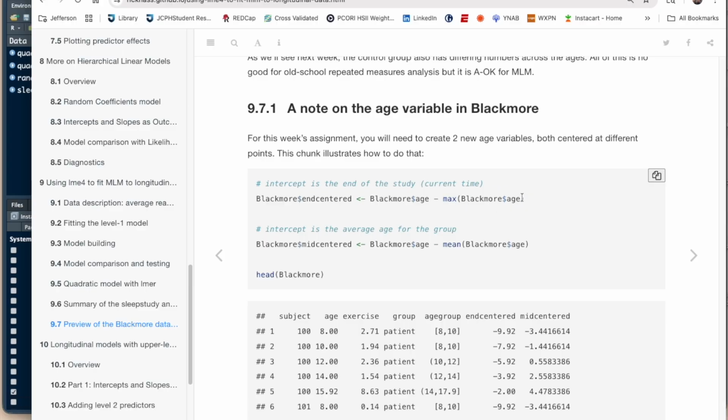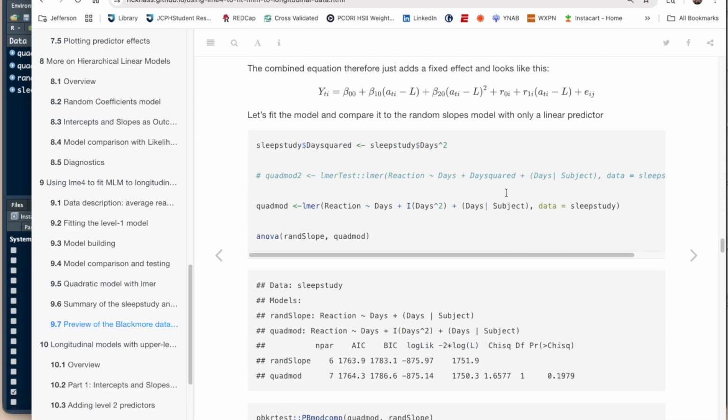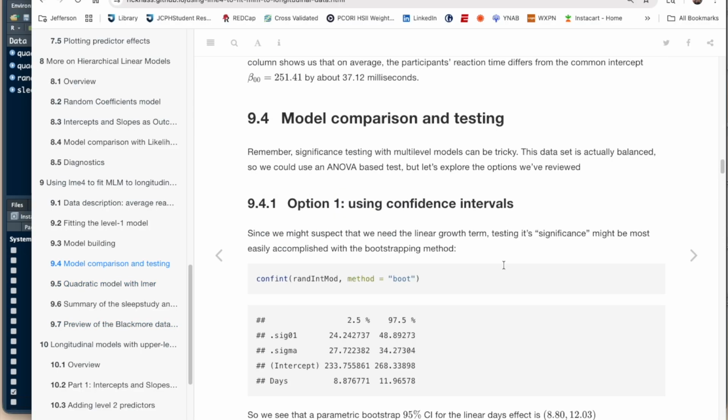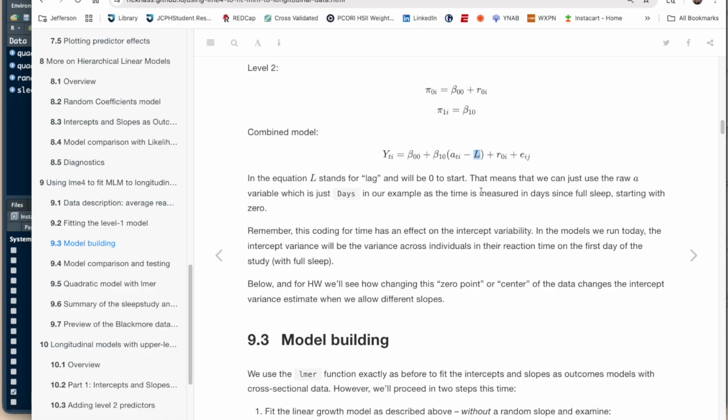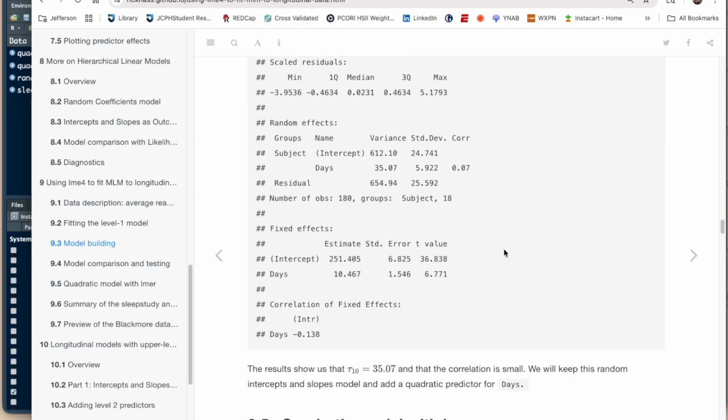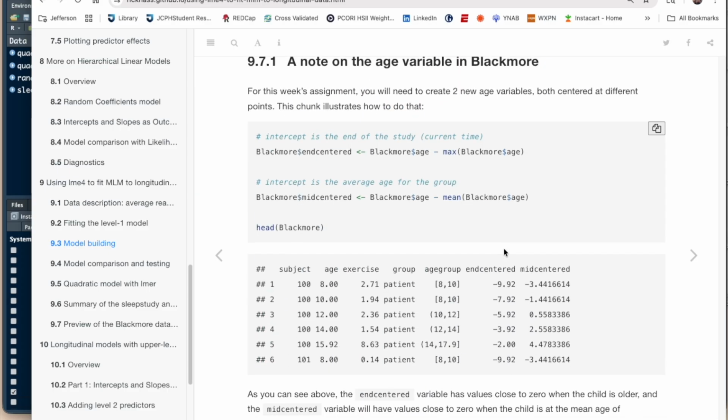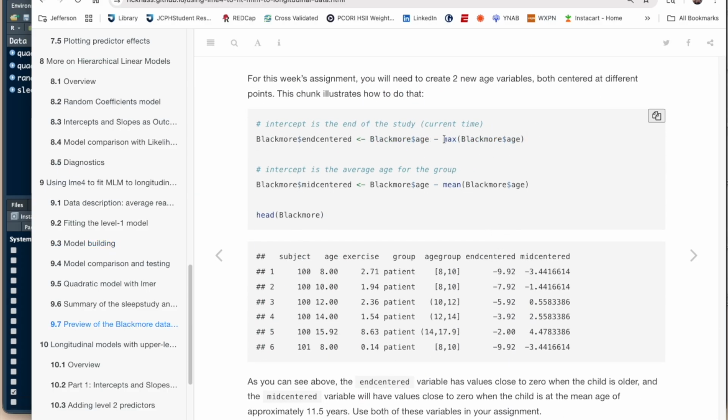One where the lag, the L in the formula way back up here, is going to be the end of the study, so they're the maximum age of the girl. And then another one in the middle, when the girl was at essentially the midpoint of the study. You're going to see what happens to the model output when you change the way the age is represented.